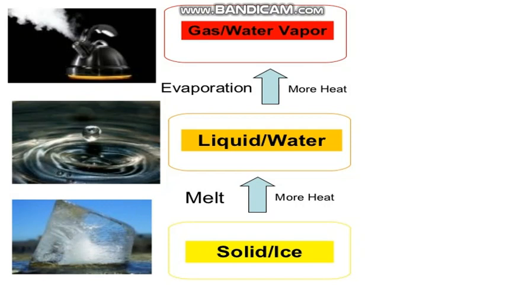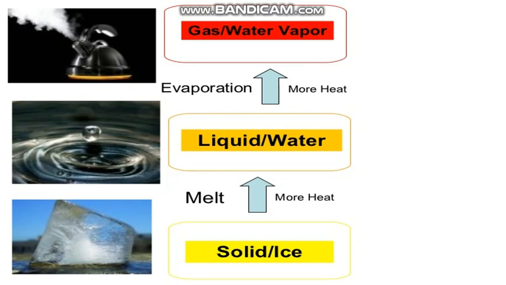When a liquid such as water is heated, its particles move faster. Some of the particles knock each other so far apart that they form bubbles inside the liquid. These bubbles rise to the surface of the liquid and escape into the air. They form the gas, water vapors.